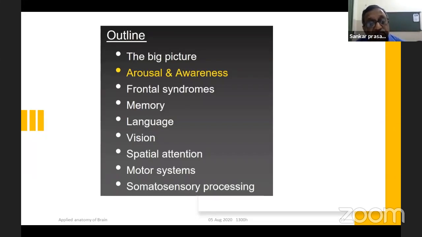We will also cover how the brain deals with memory, language, cortical visual processing, and spatial attention. In front of our eyes, we have visual fields, and the motor systems and somatosensory processing. This is the brief of what we are going to talk about regarding the brain.